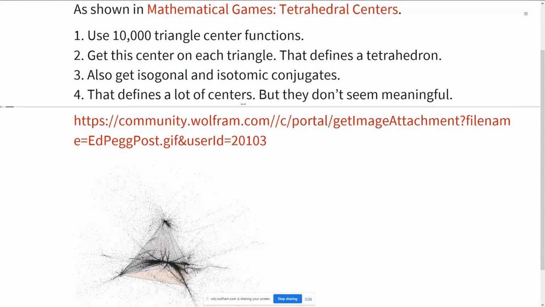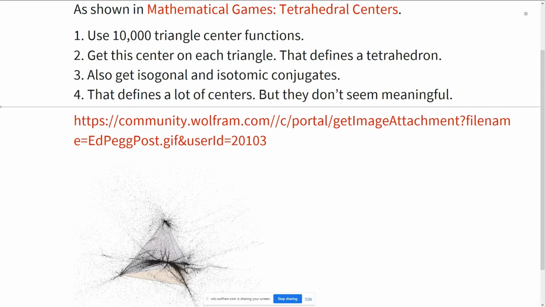Now, when I've done similar experiments on triangles, you'd get a tremendous amount of overlap. Pretty much everything with triangle centers is interrelated. So whenever you try one series of steps on something, it usually will hit another triangle center.